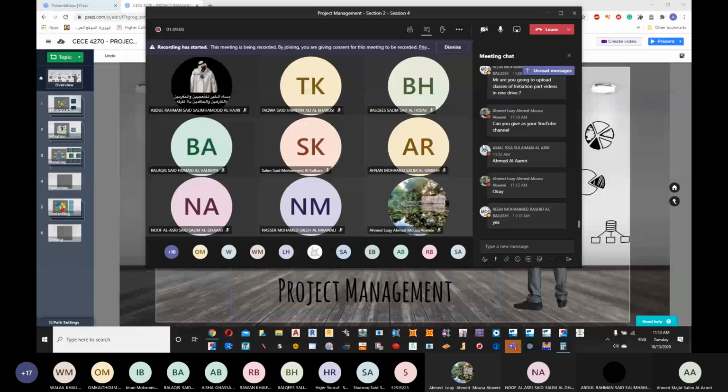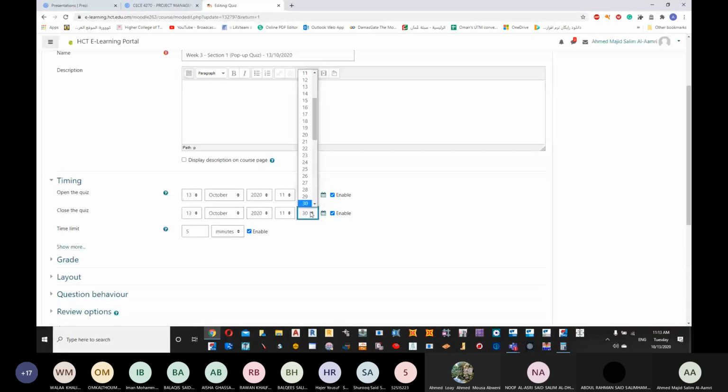It's not yet open. Okay, so now it's opening.